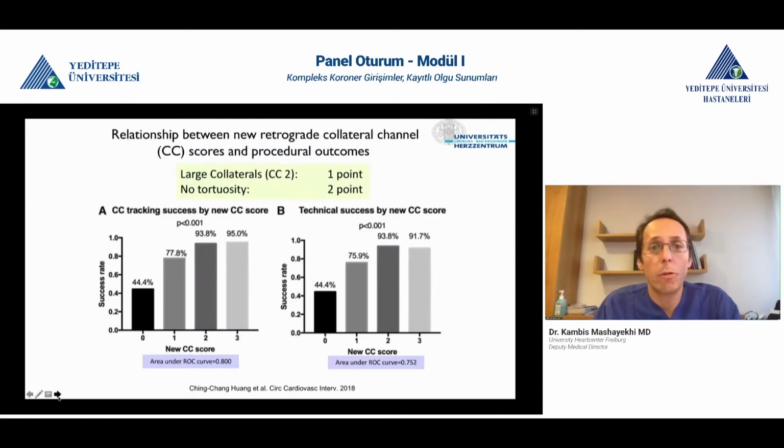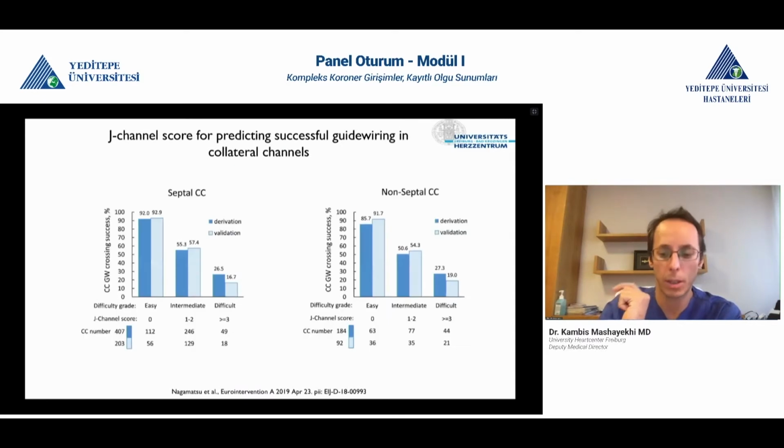What he found is a scoring system. If you have a large collateral, CC2, you get a point. And if there is no tortuosity, you get 2 points. So it's a 3-point collateral score. If you have 2 or 3 points, the likelihood of passage is more than 90%, which is perfect. But if you have no points at all, it's very likely that you will fail to pass this collateral. So it's only if the collateral is big and you have no severe tortuosity.